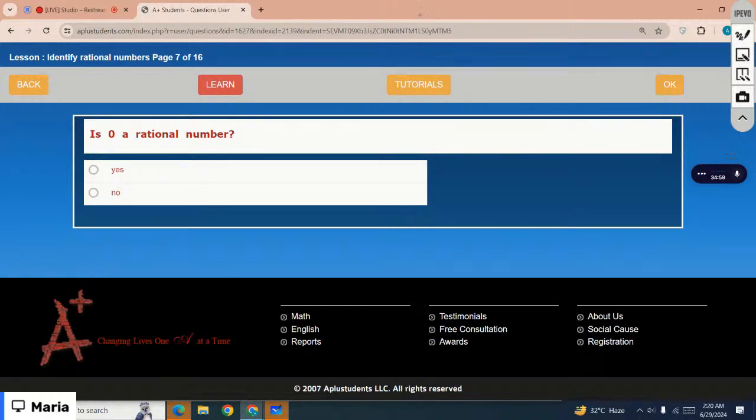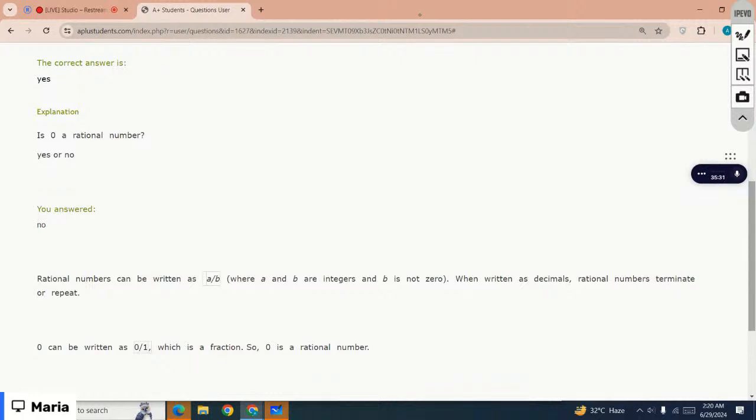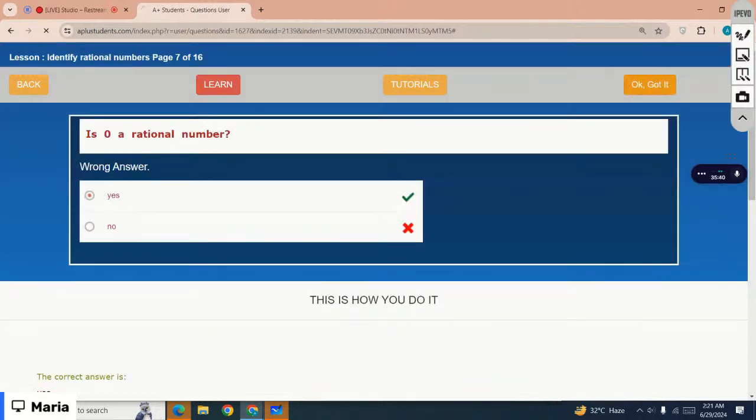The correct option is no. Oh, sorry, 0 is a rational number. Yes, you can write it in the form a by b, right? 0 by 1 is 0. So, yes, that is a rational number.